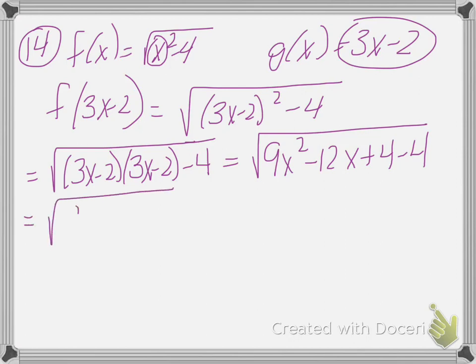Isn't that nice? Okay, so that is f of g of x, and you're being asked to find the derivative of that. Okay, so that is really the same thing as this.